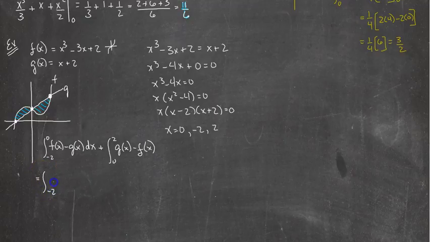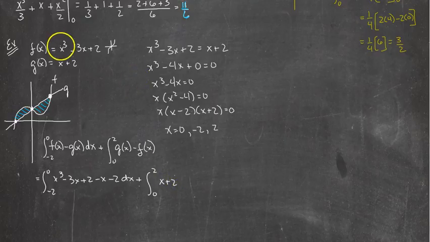The antiderivative from -2 to 0 of x cubed minus 3x plus 2 minus g of x, which just means sign changes, minus x minus 2 dx, plus the antiderivative from 0 to 2 of g of x, x plus 2 minus f of x, which means sign changes.